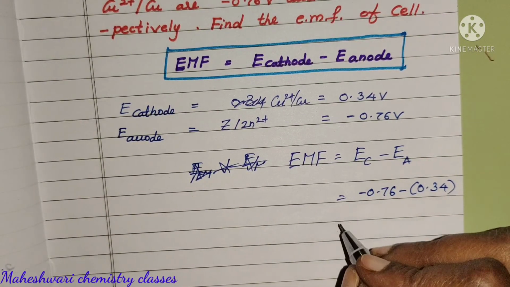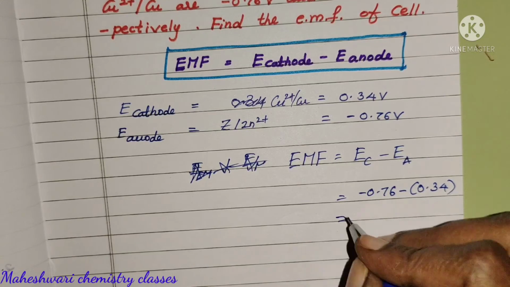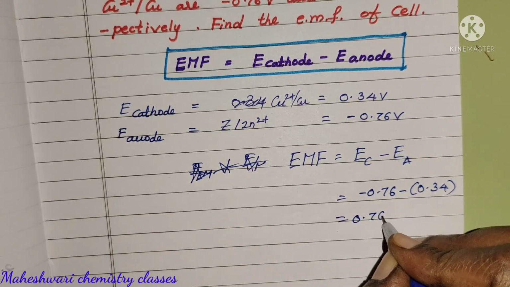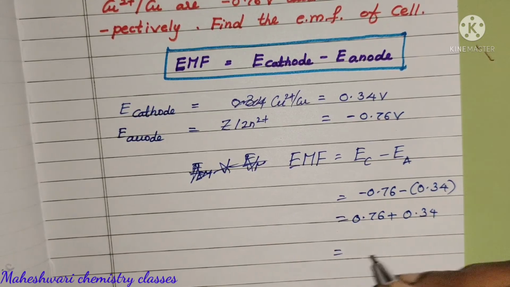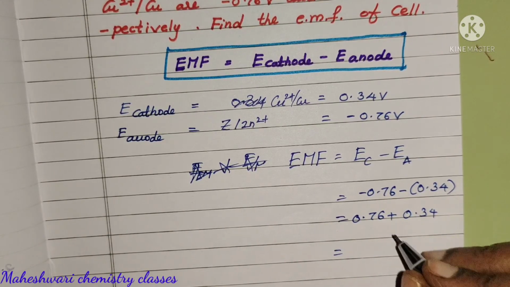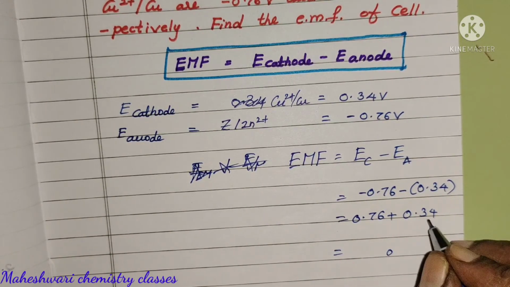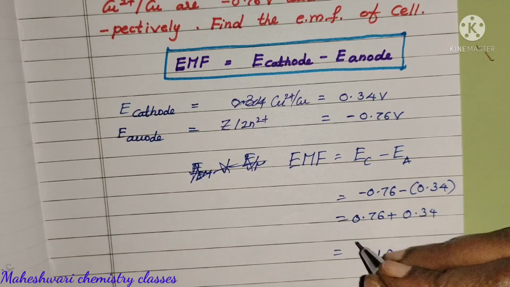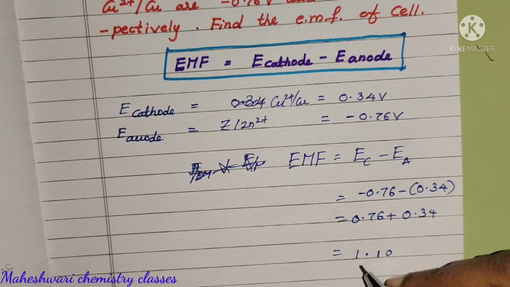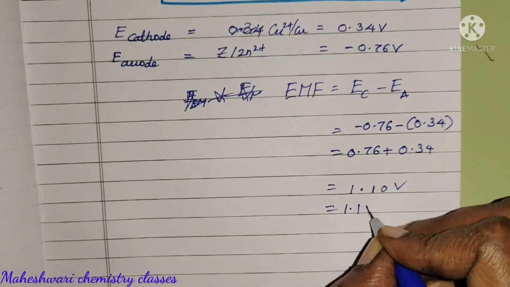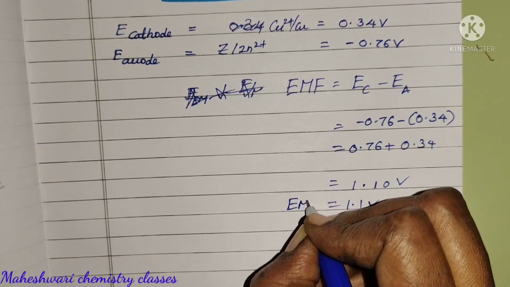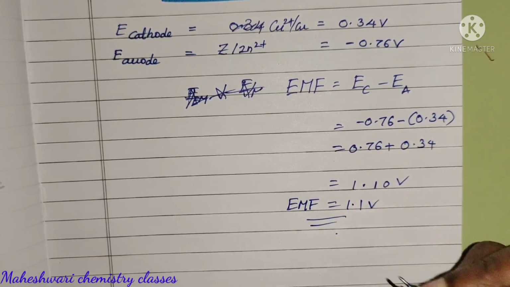Now minus into minus is plus, nothing but 0.76 plus 0.34. Now 4 plus 6 is 10, carry 1. So 1.10 volts, nothing but 1.1 volts. This is the EMF of the cell.